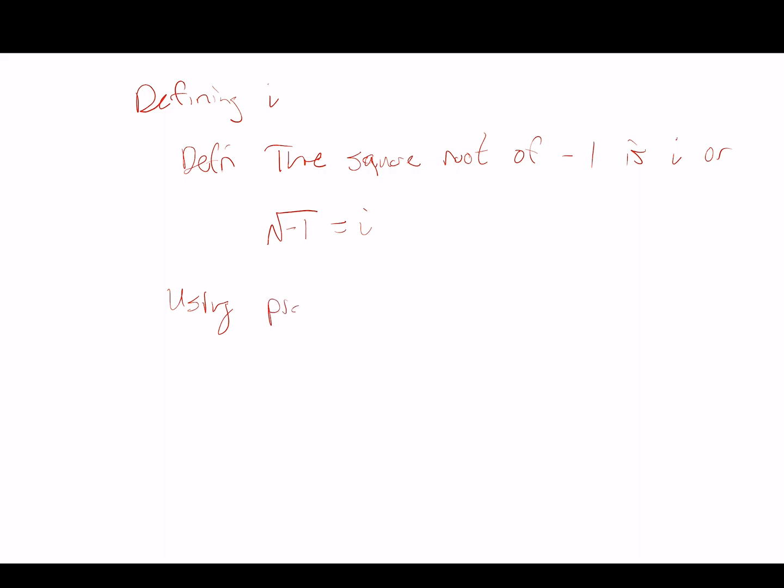Using properties of radicals, i squared is equal to the square root of negative 1 squared, which is just equal to negative 1. So we can rewrite the square root of any negative number as a multiple of i.